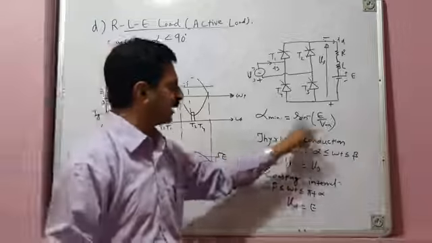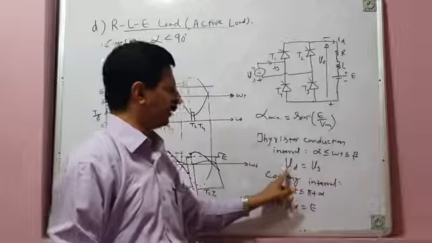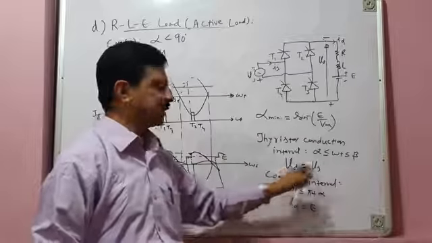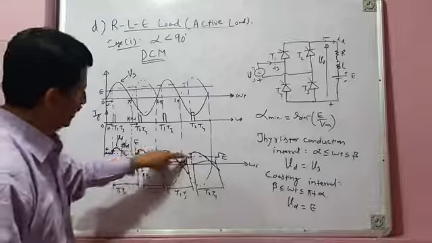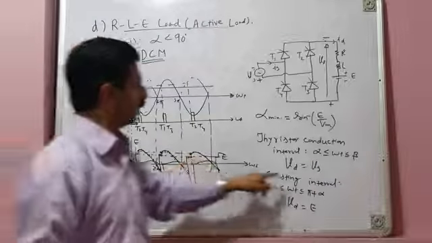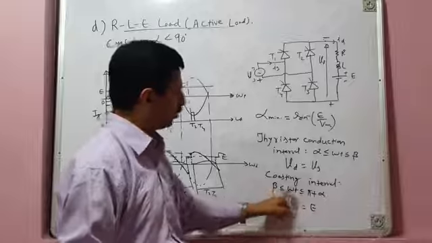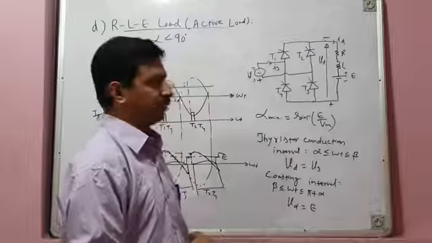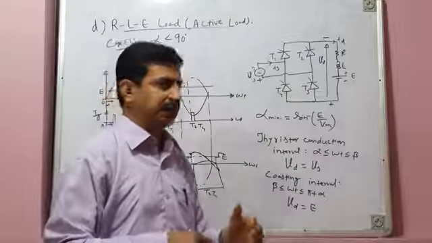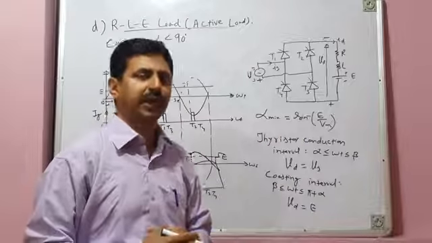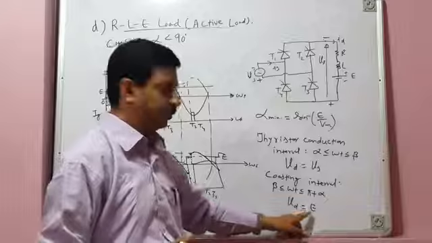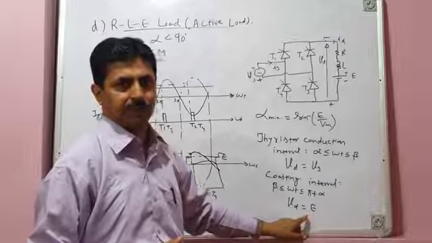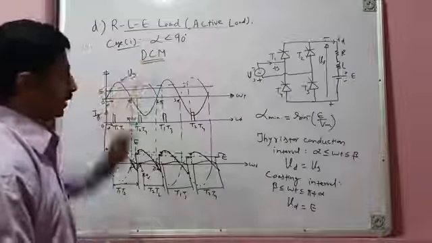One is thyristor conduction interval, that is alpha to beta, for which period load voltage is same as source voltage, Vd is equal to Vs. And then coasting interval, you can see these are the coasting intervals. During the coasting interval, that is from beta to pi plus alpha, all the thyristors are off, load current is 0, load is disconnected from the source, and load voltage is equal to its own EMF, Vd is equal to E. So this is for discontinuous conduction mode of operation.